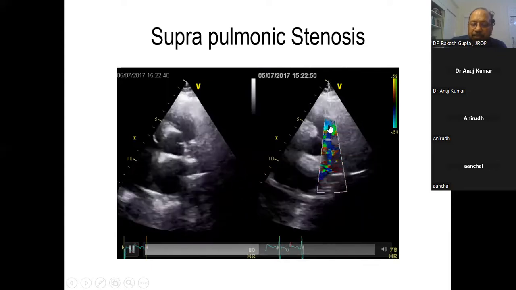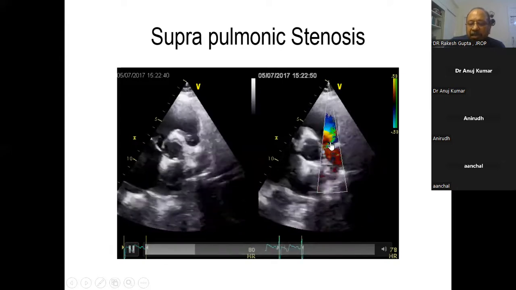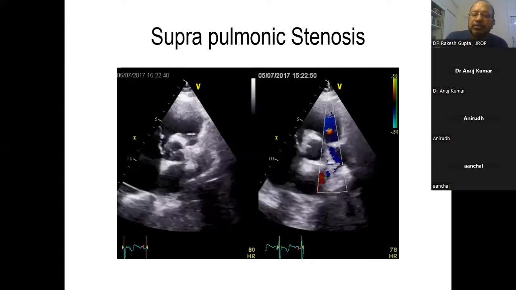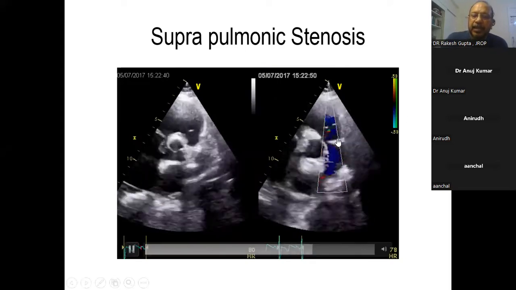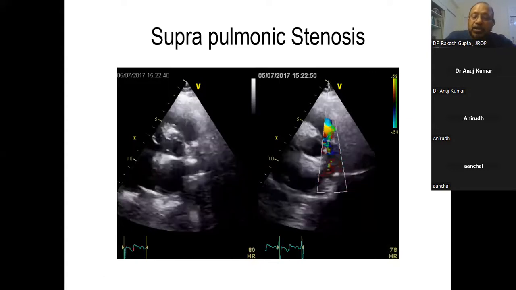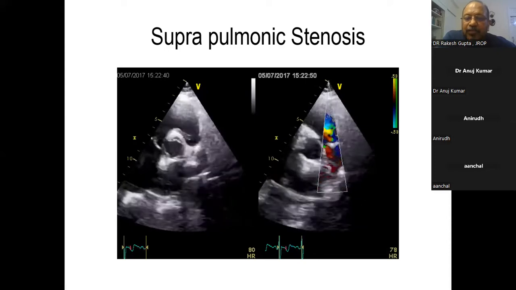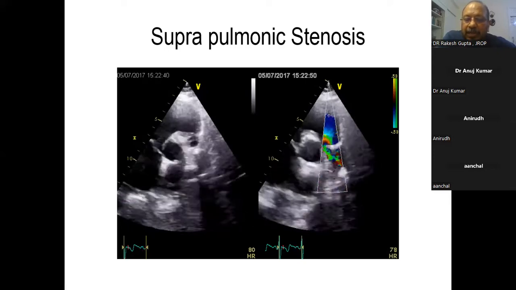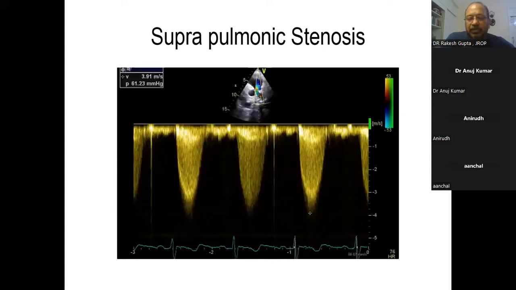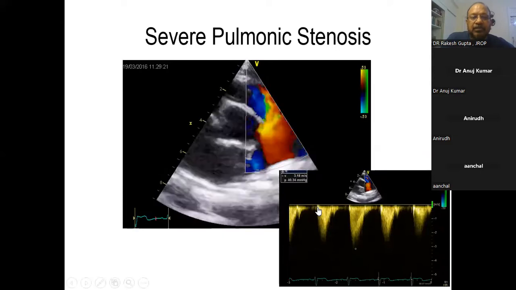As you move from the valvular to the supravalvular region, you start seeing aliasing of the Doppler spectrum. Then you change the scale of the Doppler flow velocity, make it highest possible, and move the baseline up to contain the Doppler spectrum. If you can't do that, switch over to continuous wave Doppler. And that's what exactly is supravalvular aortic stenosis.